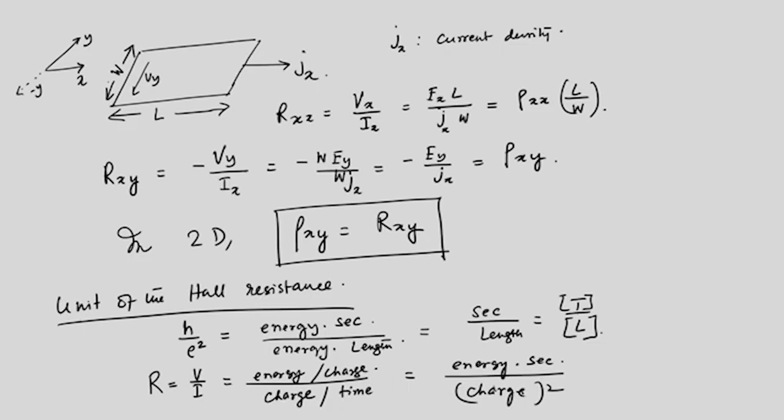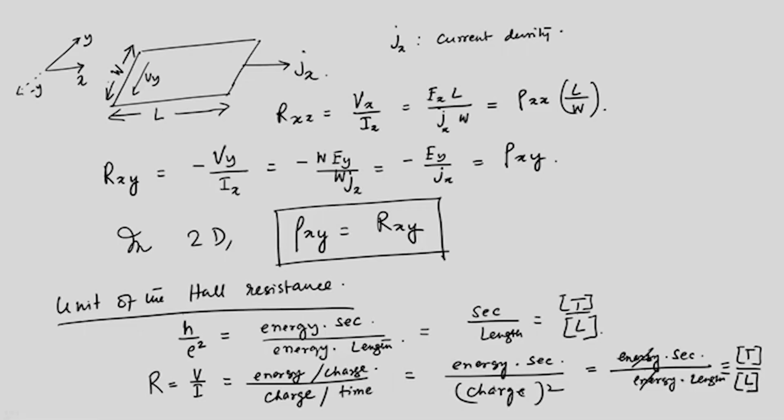And if you simplify it, then it becomes again equal to energy into second divided by, so this charge square will be energy into length, and the energy will cancel and it will become again second, which is T, divided by L. Okay.